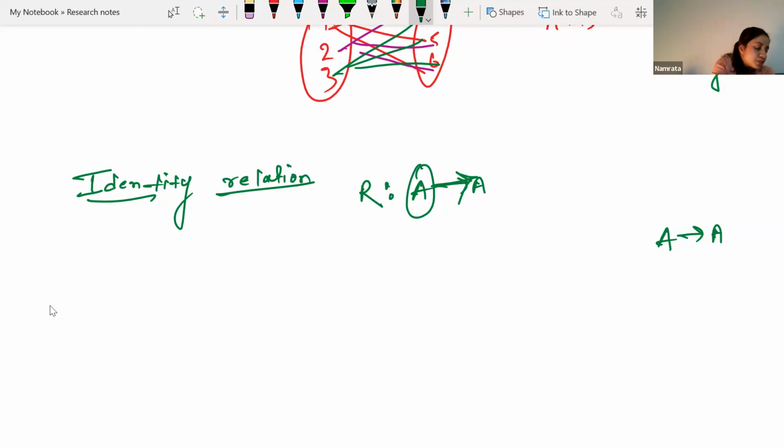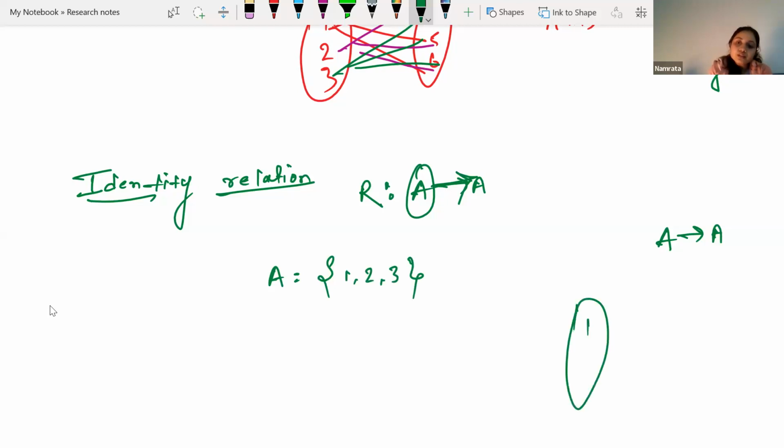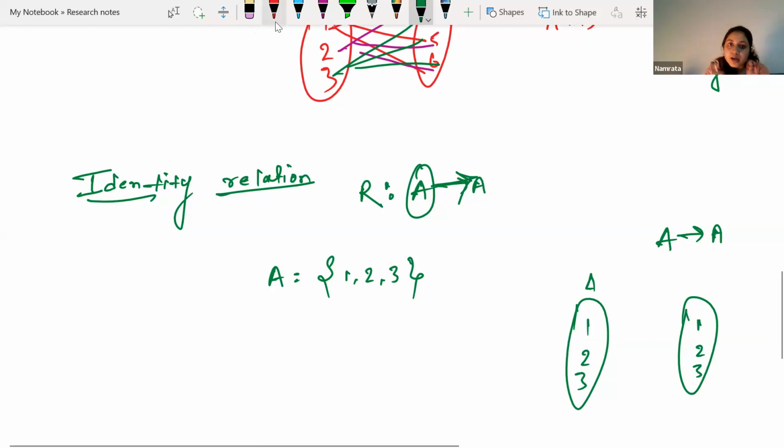So the example of this identity relation we can take as, let's say we have set A, whose elements are 1, 2, 3. So we have 1, 2, 3 over here, and here also we have 1, 2, 3. Now, according to the definition of identity relation, every element must be related to itself.